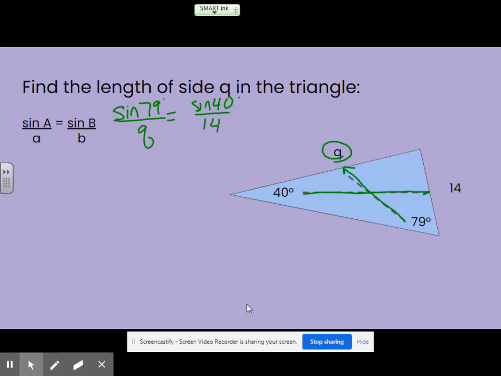From here again, I'm going to do a nice cross multiply and get 14 times the sine of 79 degrees equals Q times the sine of 40 degrees. Divide both sides by that sine 40 degrees so I get just Q on its own. 14 sine 79 degrees all over sine 40 degrees.